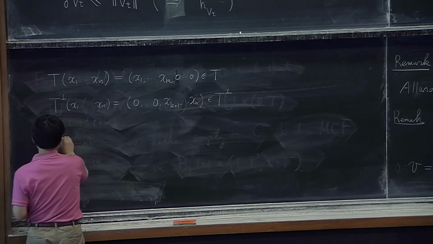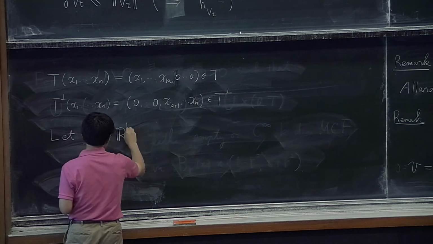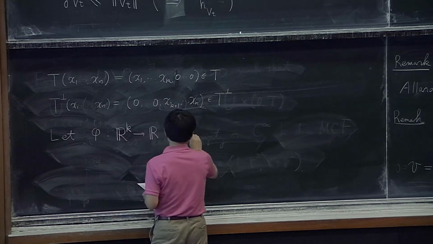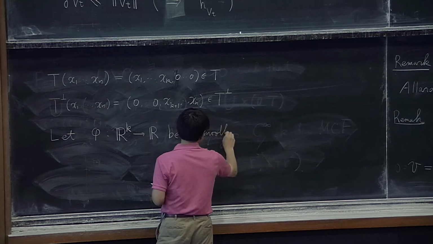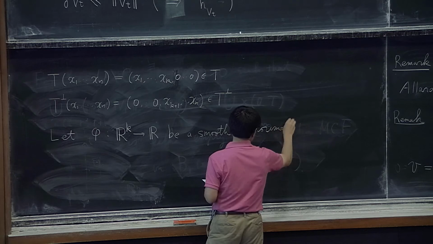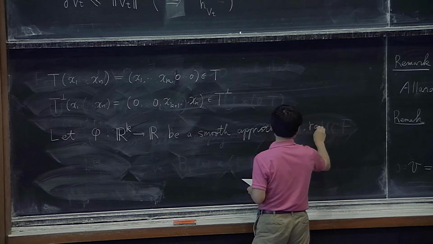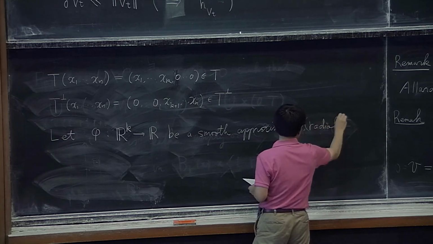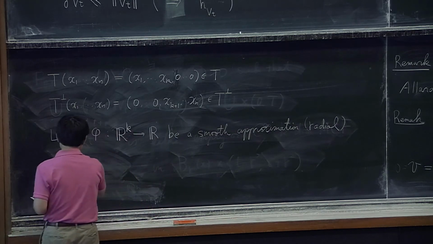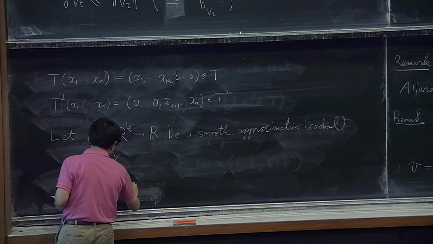Let phi be a function on R^k which is a smooth radial approximation of the characteristic function of the ball of radius 1.